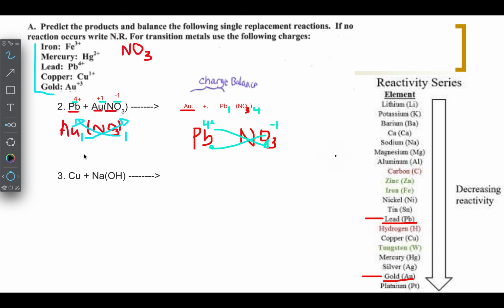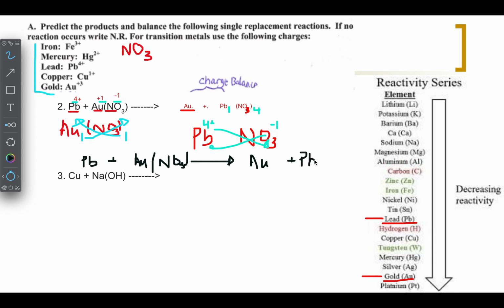It's going to take me a minute to write it out. So we have lead, Pb, plus gold, NO3, does a single replacement reaction into gold plus lead, right?